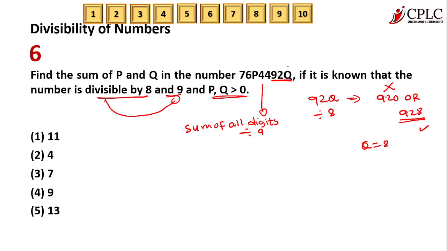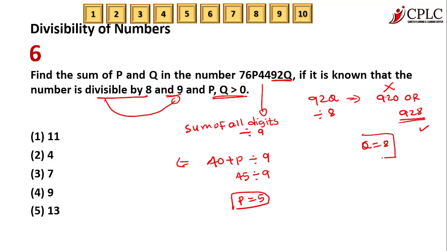And Q is 8, so 32 plus 8 is 40. So 40 plus P should be divisible by 9. Obviously, only one possibility: it should be 45, because 45 is divisible by 9, which means P is 5.